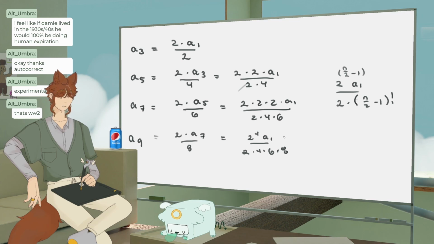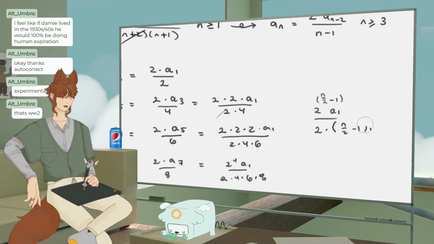n divided by 2 minus 1.5. Oh, you know, that classic number, my best friend, n divided by 2 because they're all odd. So if it's 3, you divide it by 2, you get 1.5. That's wrong.